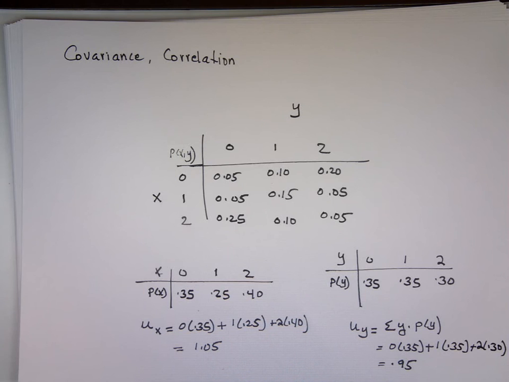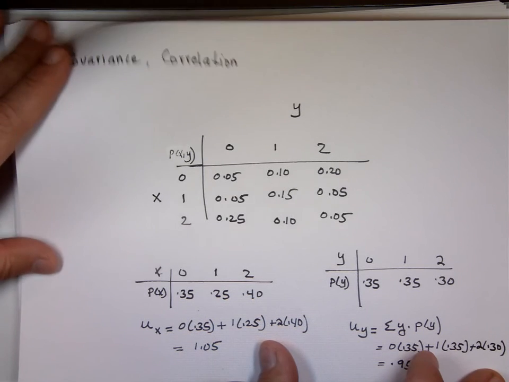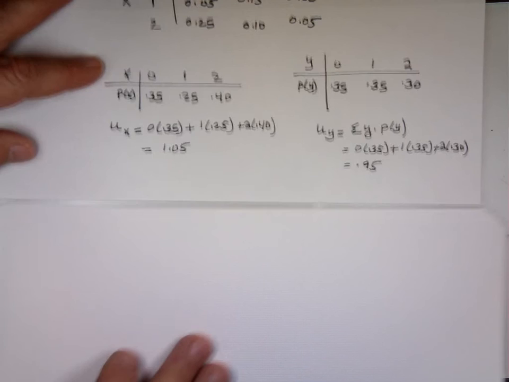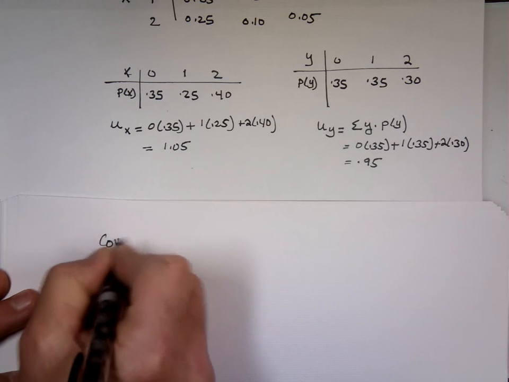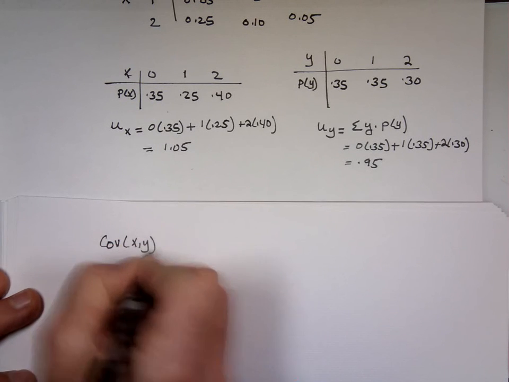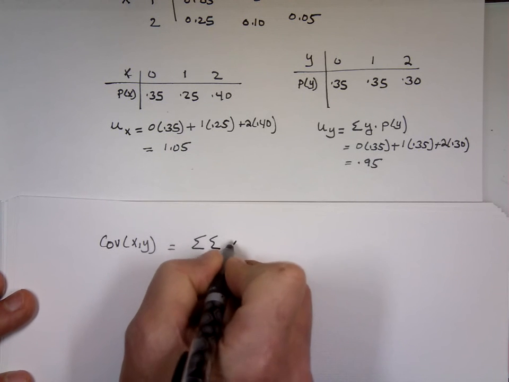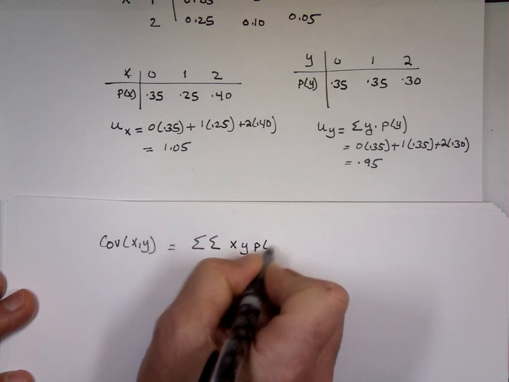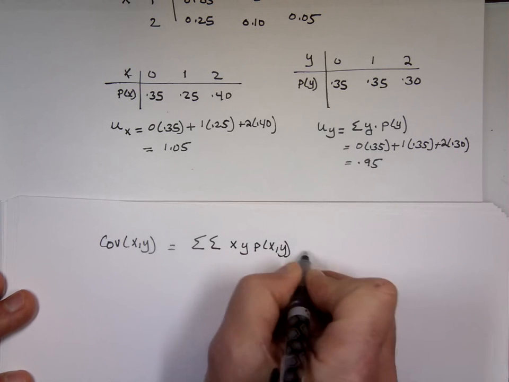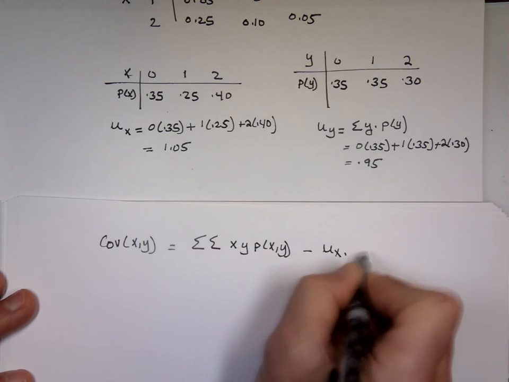Now last time we said we're going to find what? To find the correlation, I need to find the covariance first. And what was the definition of covariance when we wrote it down? The covariance of x comma y, was it the summation of x times y times pxy minus mu x times mu y? Is that what we did last time?